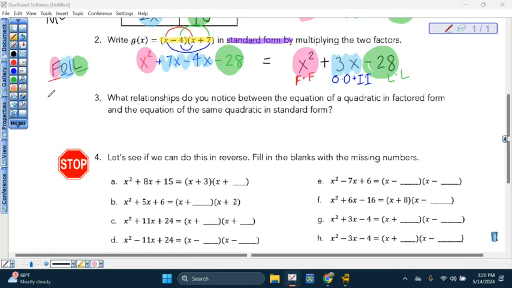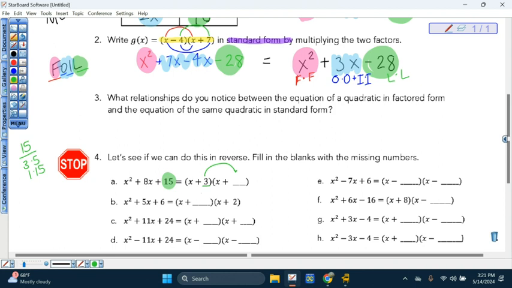So again, I start by looking at this last number, the 15, right? What are the factors of 15? 3 and 5, or 1 and 15, right? And really, this one, they kind of start it for you. They say one of my last terms is going to be 3.